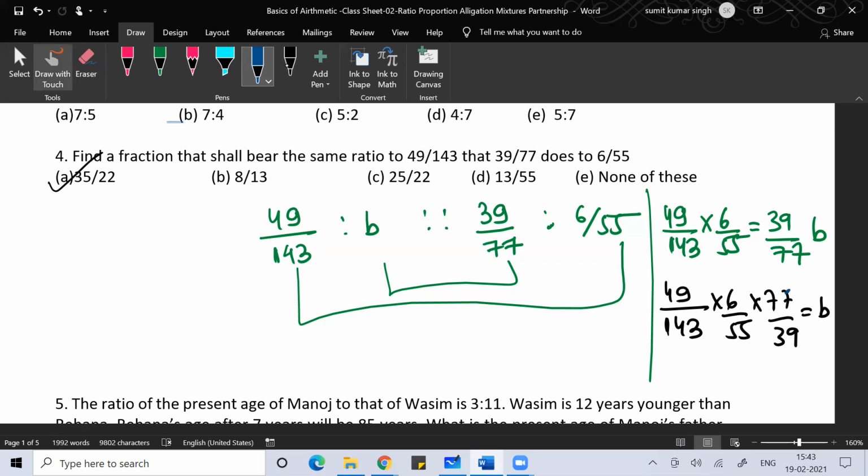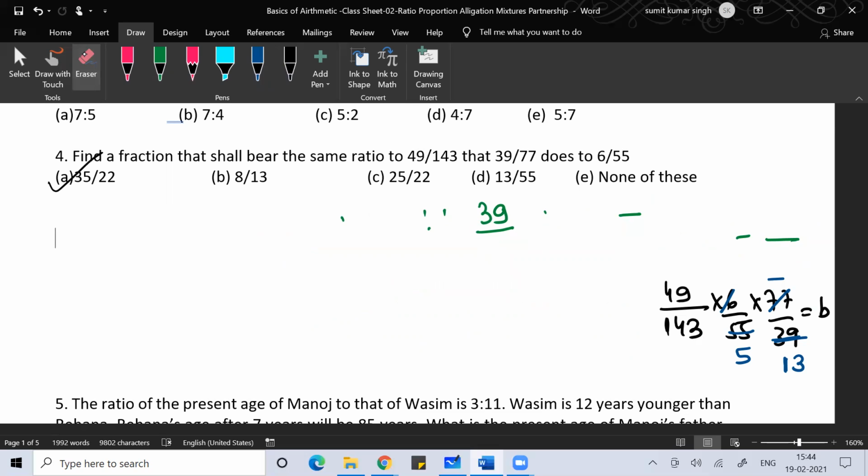So this is 7 times, this is 5 times, this is 2 times, this is 13 times. Guys, there's a mistake here. Let me read this problem again.